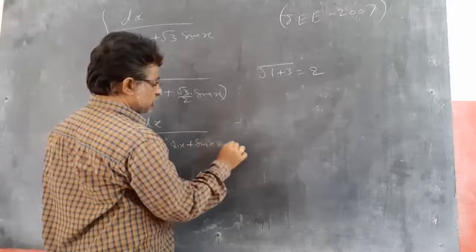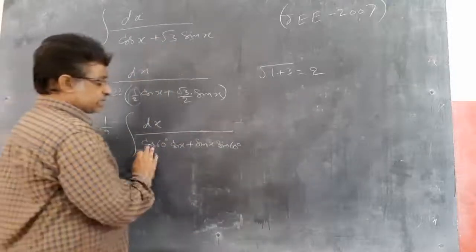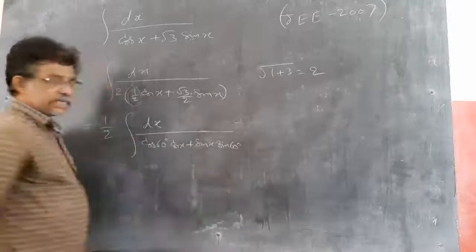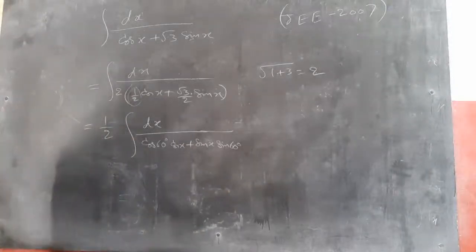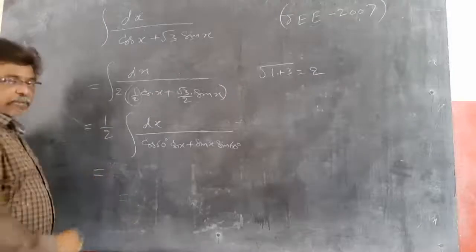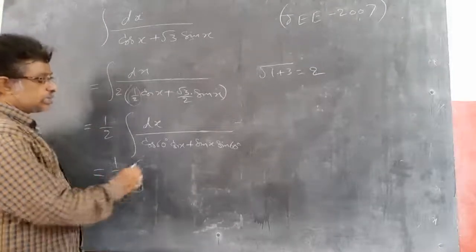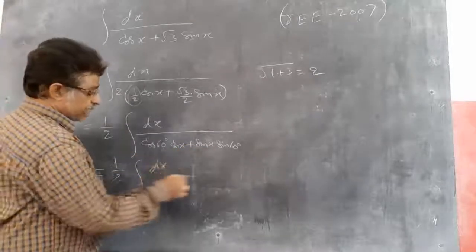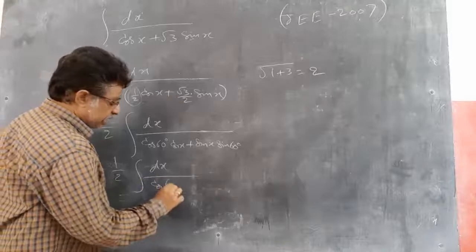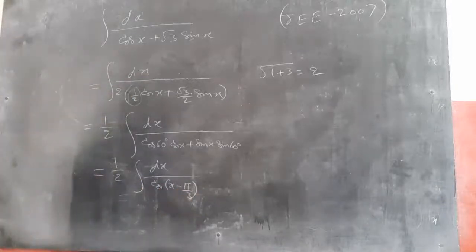Now, if you observe, this automatically converts into cos A cos B plus sin A sin B. That's why we divide and multiply with root of A square plus B square; you can recollect that from finding maximum and minimum. So 1 by 2 into cos A cos B plus sin A sin B becomes cos of A minus B, that is cos of x minus pi by 3.